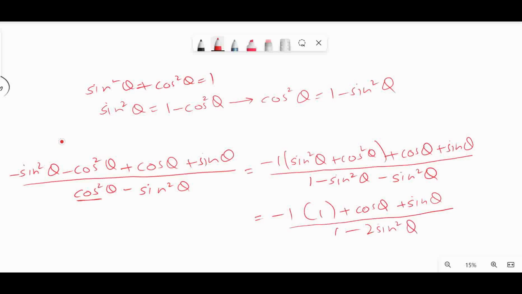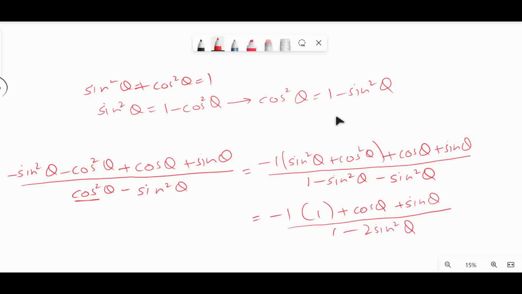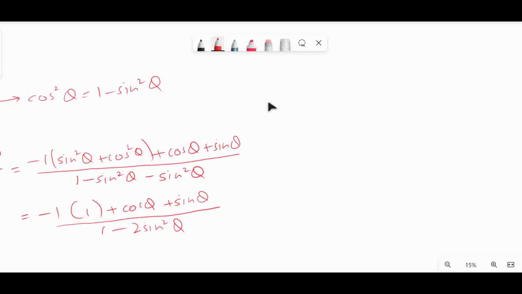From here we can see that this will be equal to minus 1 plus cos theta plus sine theta, all divided by 1 minus 2 sine square theta.